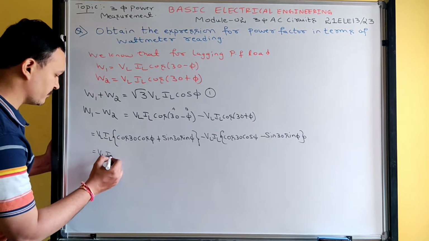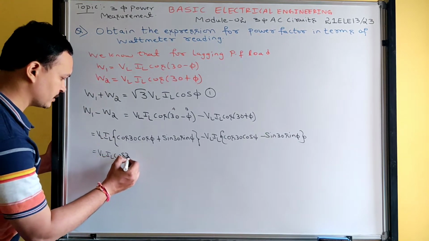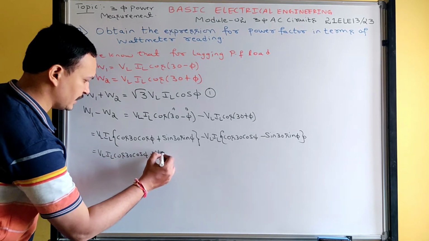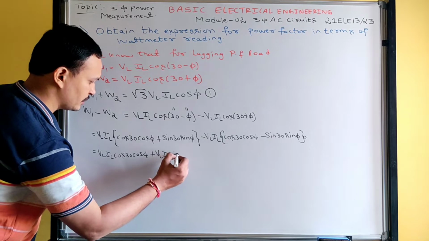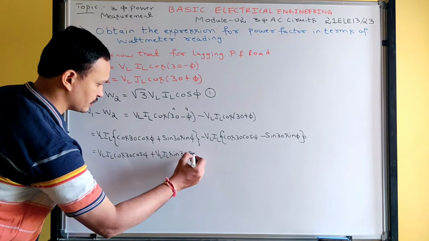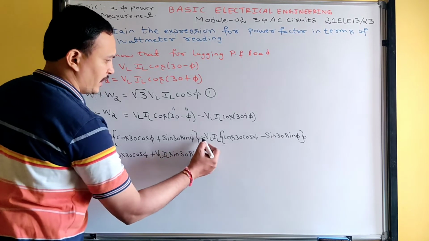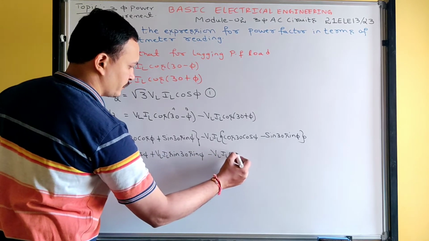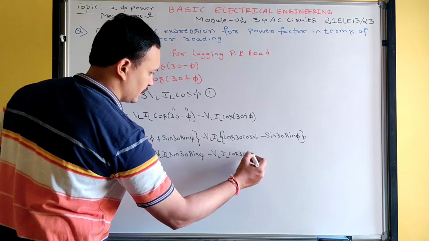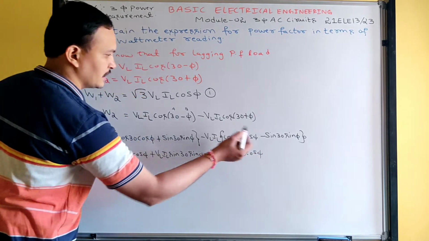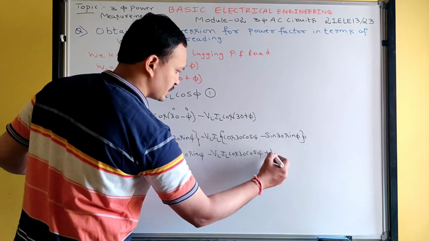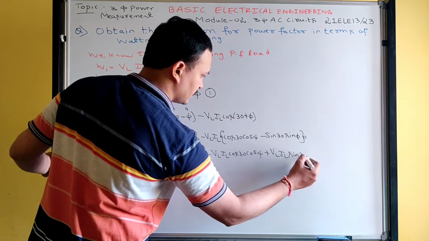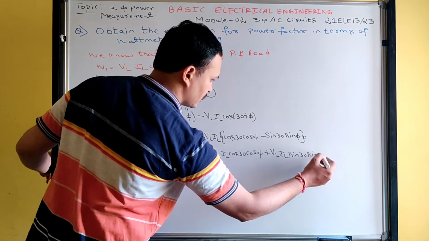So this becomes VL IL cos 30 cos phi plus VL IL sin 30 sin phi, minus VL IL cos 30 cos phi, plus VL IL sin 30 sin phi.